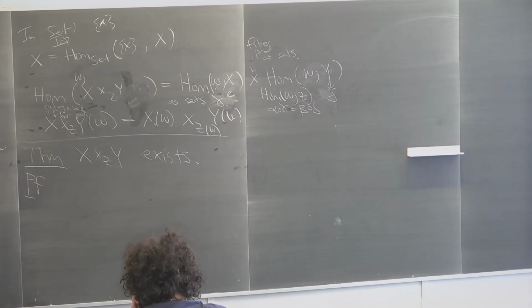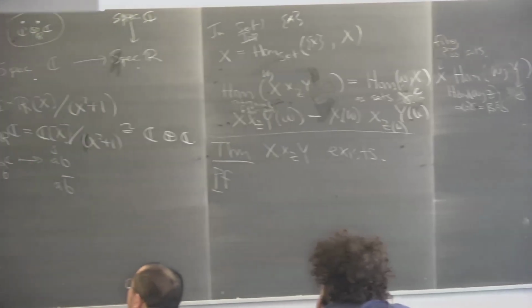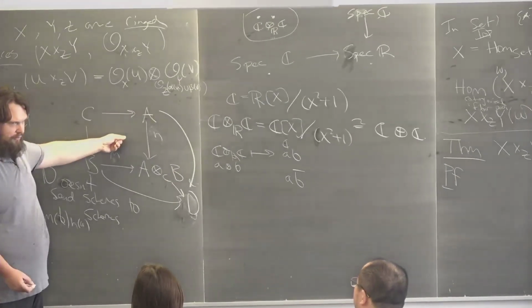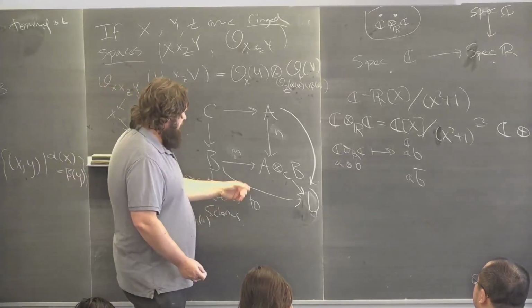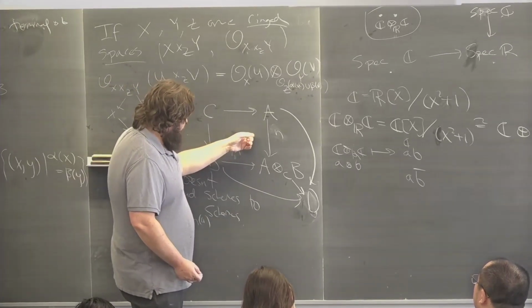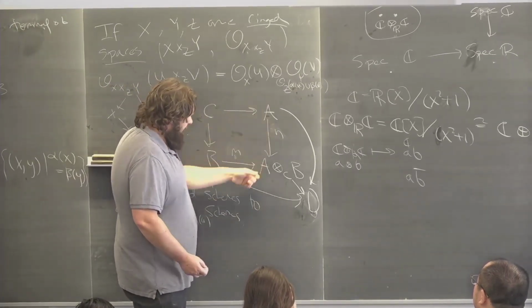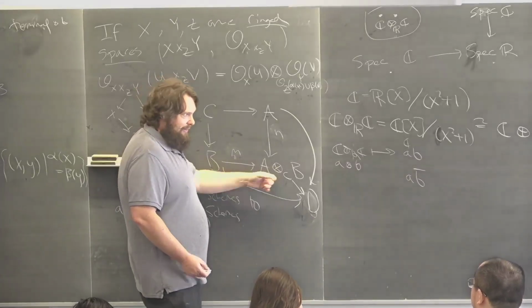So the first question is, well, what if X, Y, and Z are affine? Then I've already answered this question, right? The category of affine schemes is the opposite of the category of rings. So pullback in the category of affine schemes would be turned into pushout in the category of rings, and we've already discussed that.